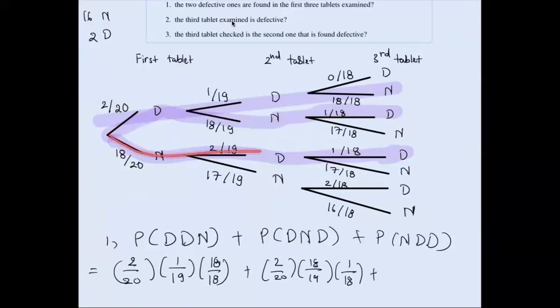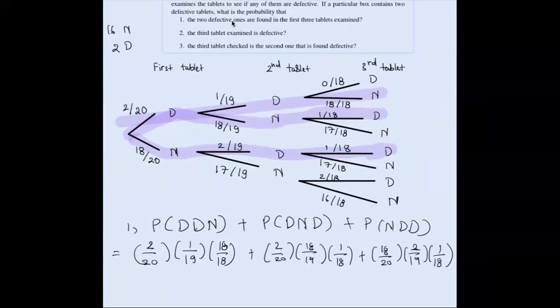The last path is here, 18 over 20, 2 over 19, and 1 over 18. And if you add everything together, you would get the number that you want. Any question about this part? If no, then we will move to the third tablet being defective.